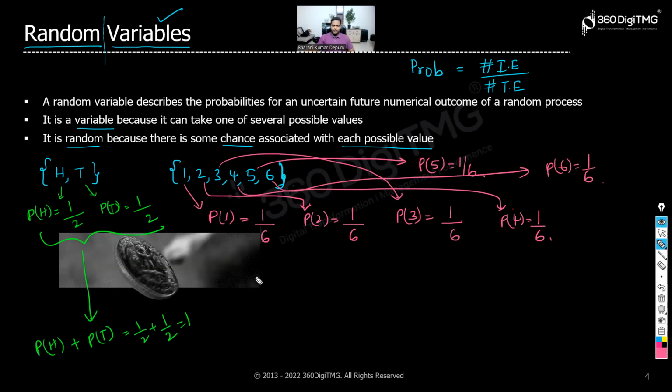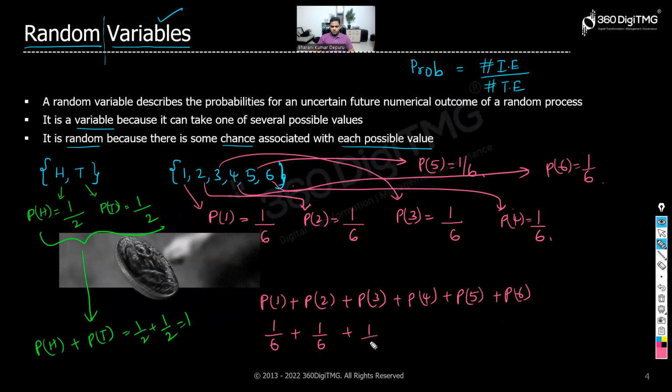And what is the property? If you add all these probabilities of all the values, so probability of 1 plus probability of 2 plus probability of 3 plus probability of getting a 4 plus probability of getting 5 plus probability of 6. Each of these is 1 by 6. So 1 by 6 plus 1 by 6 plus 1 by 6 plus 1 by 6 plus 1 by 6 plus 1 by 6.